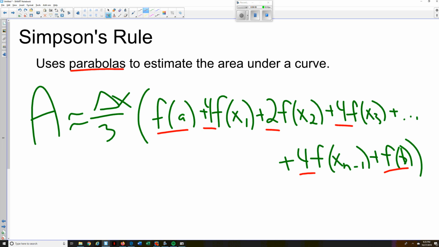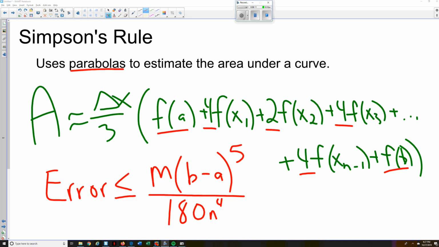We'll talk about that in class. Now, the error of Simpson's rule is bounded by this. Okay, so we'll say that the error is less than that. There's that M again, but with Simpson's rule, it's a little different.